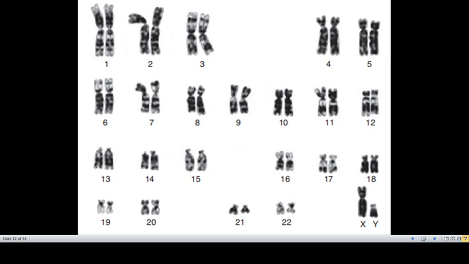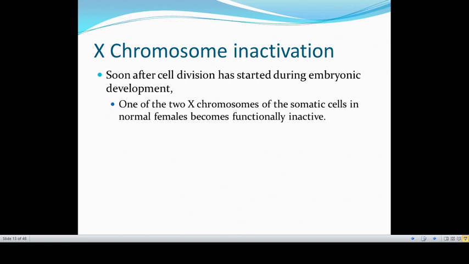Let's now study inactivation of X chromosomes. Soon after cell division has started during embryonic development, one of the 2 X chromosomes of the somatic cells in normal females becomes functionally inactive.